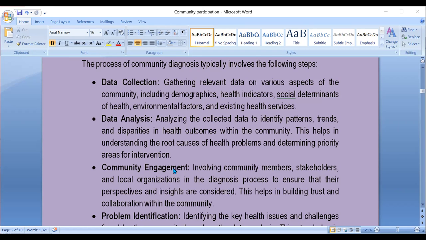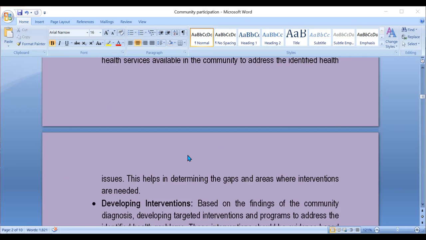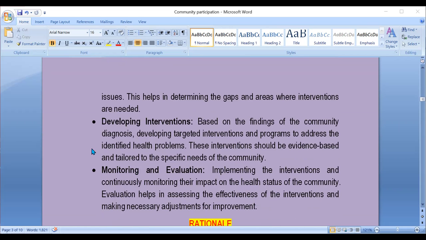You are also going to involve community engagement. I'm just giving you an overview. You're going to involve the members of the community, the stakeholders, any local organization resident in that community. At the end of it all, you are going to be involved in problem identification, needs assessment, and then you develop interventions.